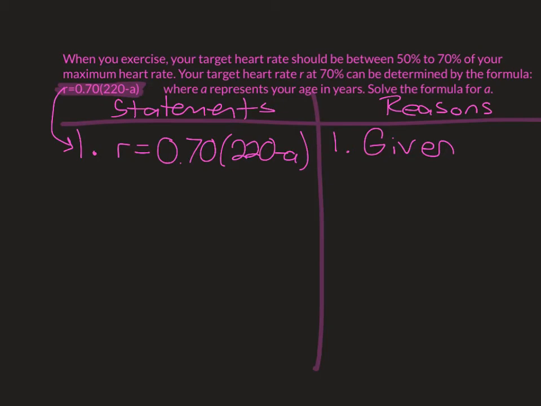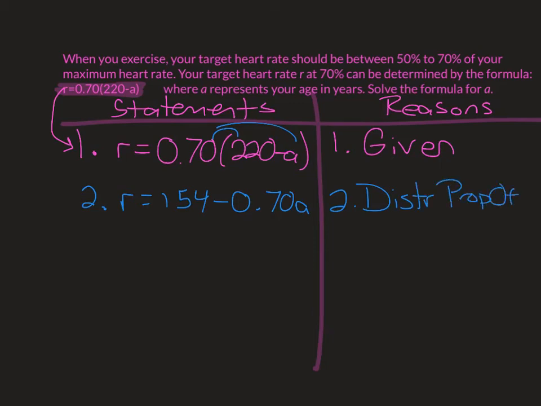So now we're going to go ahead and solve this. I'm going to go ahead and distribute here. Because I distributed, my reason would be the distributive property of equality. And again, it is okay to abbreviate as long as it's still obvious what your reason is.